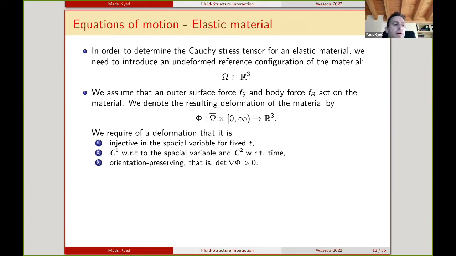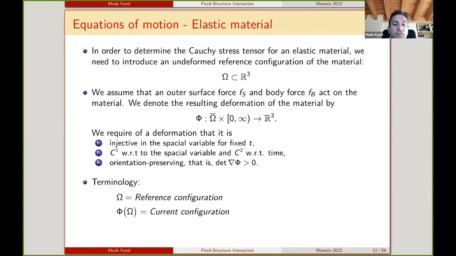Self-contact problems are hard to solve, one of the reasons being that you cannot make these assumptions on a deformation. So, anyhow, I will consider the simplest case where we have a well-behaved deformation. A small deformation will always be well behaved.